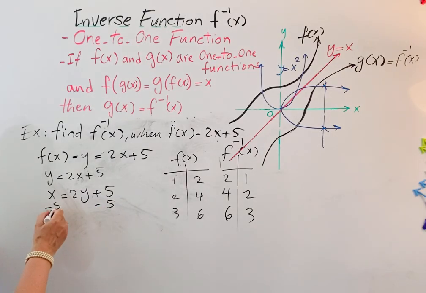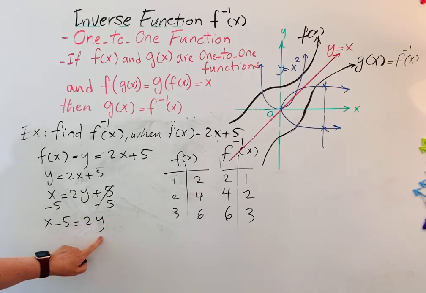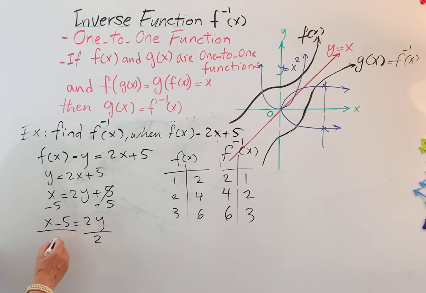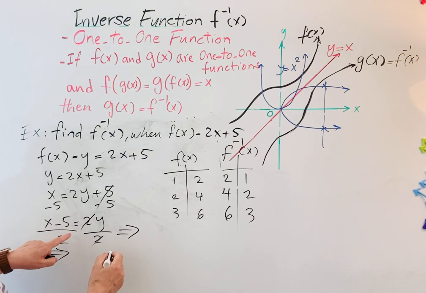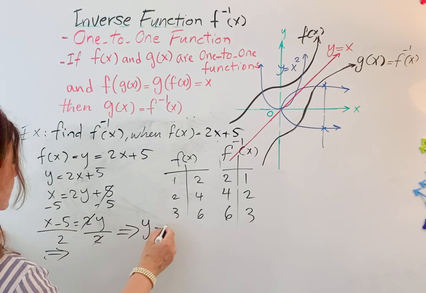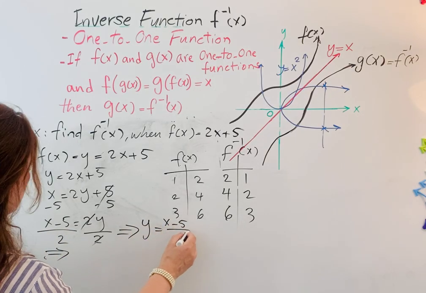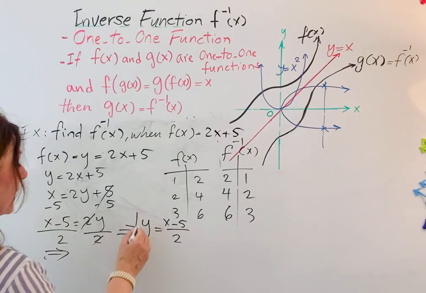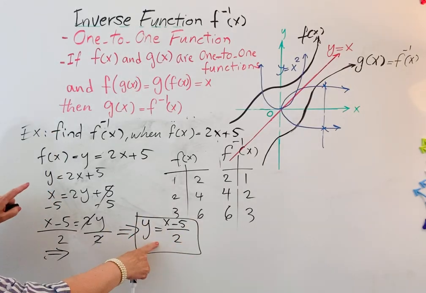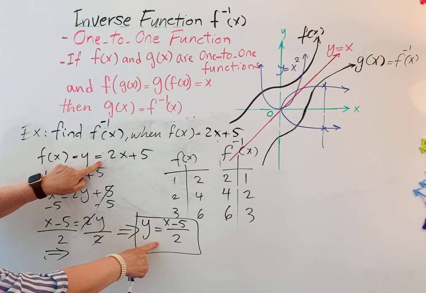Just cancel negative 5. x minus 5 equals 2y. We are going to find y. What can we do? Divide everything by 2, both sides. Okay, so the answer is y equals x minus 5 over 2. This one is the inverse function of this function.